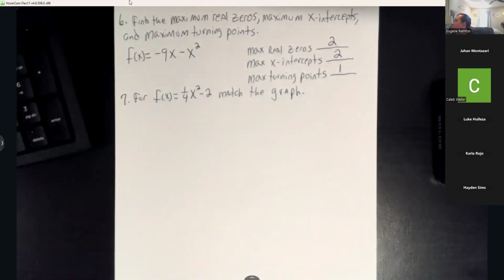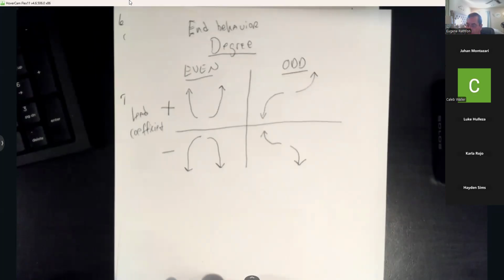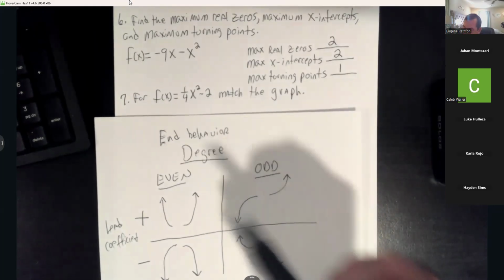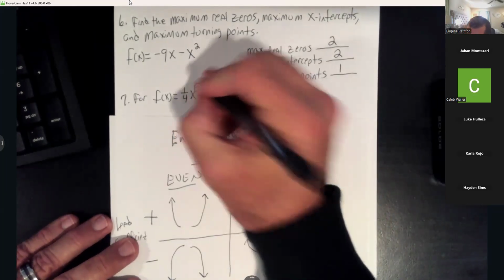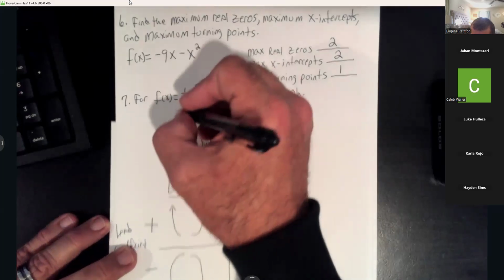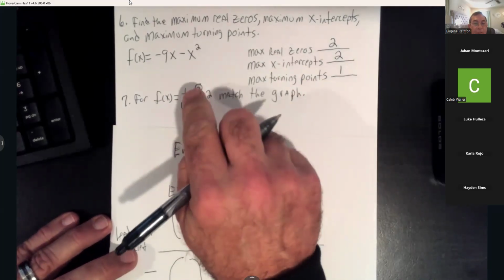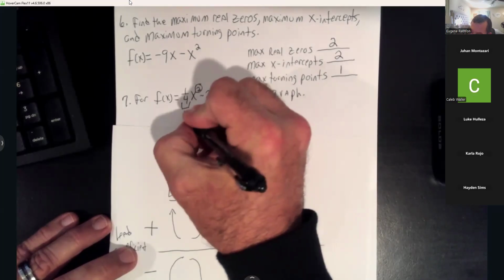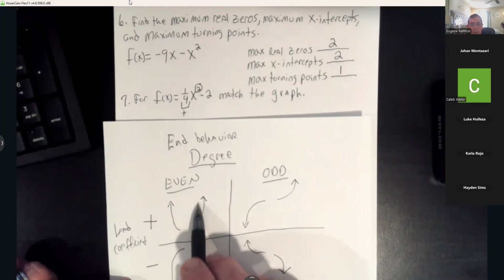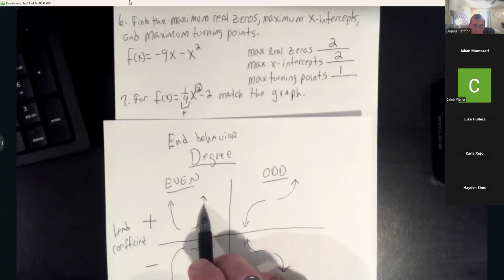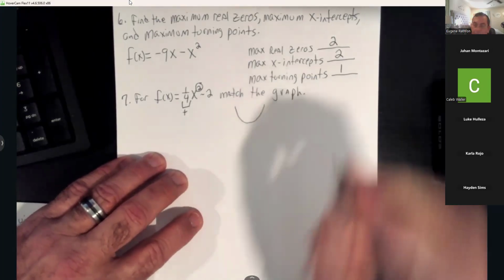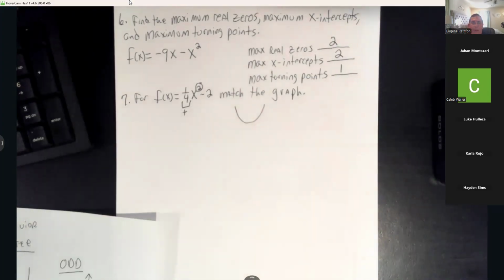So on that question, I would go back to this chart. My highest exponent is a 2, so my degree is going to be even. This lead coefficient here is positive. So if it's even and positive, I want the picture where both ends are going up. So I would choose the picture of the graph that looked like a parabola.